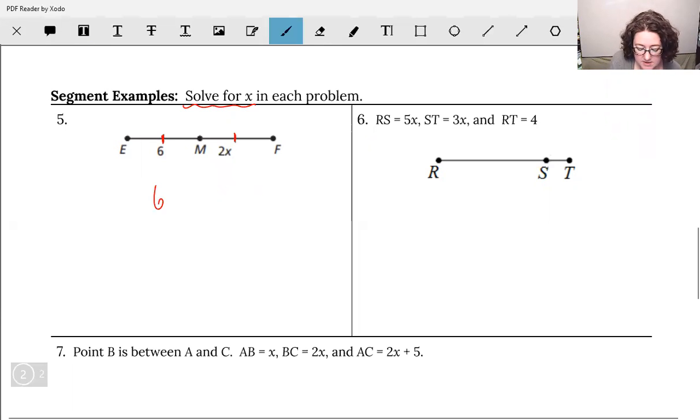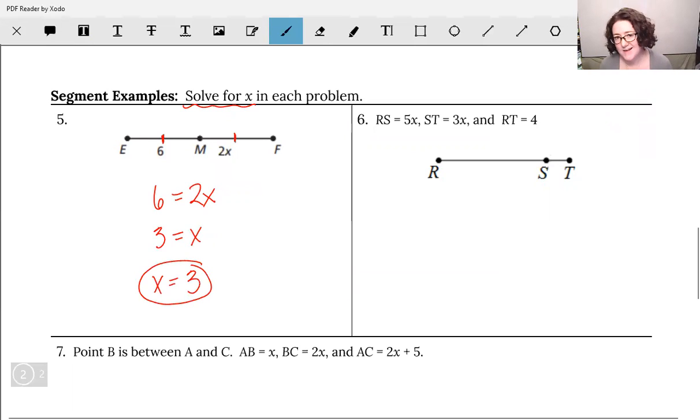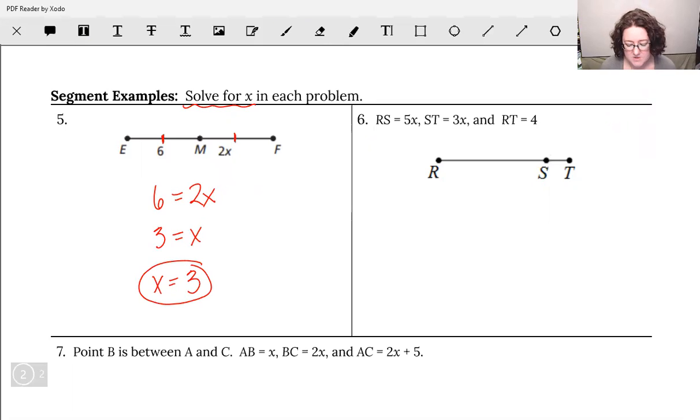So I can say that 6 equals 2x. So all I need to do to solve for x, divide both sides by 2, so 3 equals x. Or if you're like me, sometimes you like having the x on the left-hand side, I can switch that order. Doesn't really matter which way, x is equal to 3. So that one was pretty quick. And it really just went on, hey, we have congruent pieces.